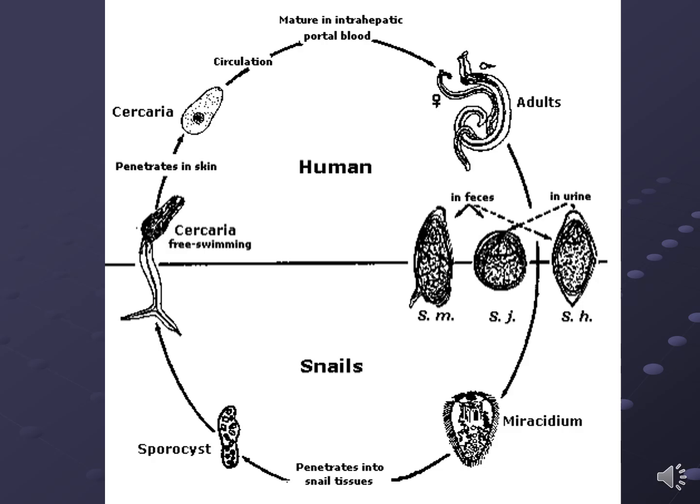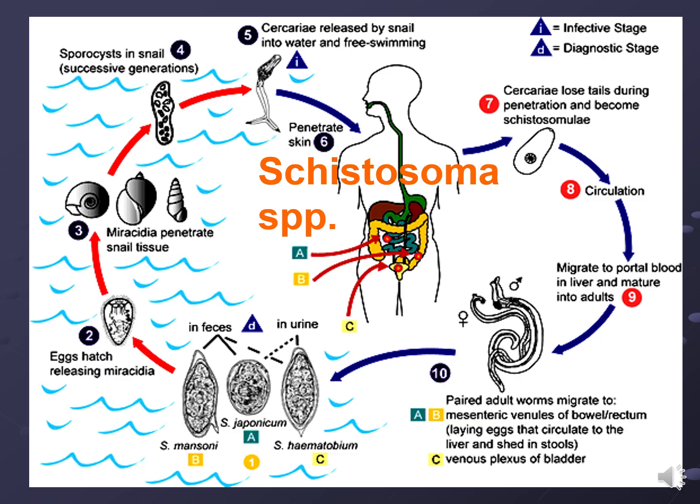Now the tail simply is for penetrating the skin of humans, so it helps the head penetrate the skin. Upon the penetration the tail will disintegrate behind, and then the head will be delivered to the circulation, where it goes eventually into the blood vessels, where the adults develop and mature and start laying eggs again. So that will complete the life cycle.